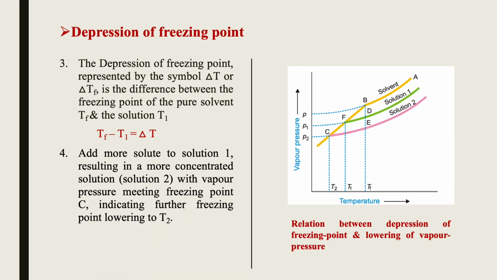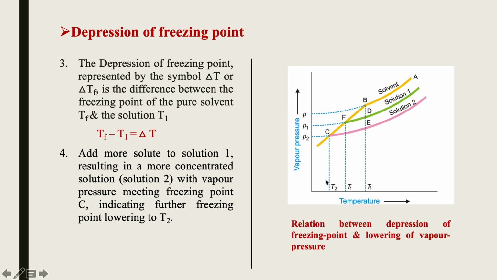If you add further more solute into solution 1, resulting in one more concentrated solution, that is solution 2, with vapor pressure meeting the freezing point curve at C, indicating further freezing point lowering to T2. So here if you add more salt in solution 1, you will get the graph of solution 2.